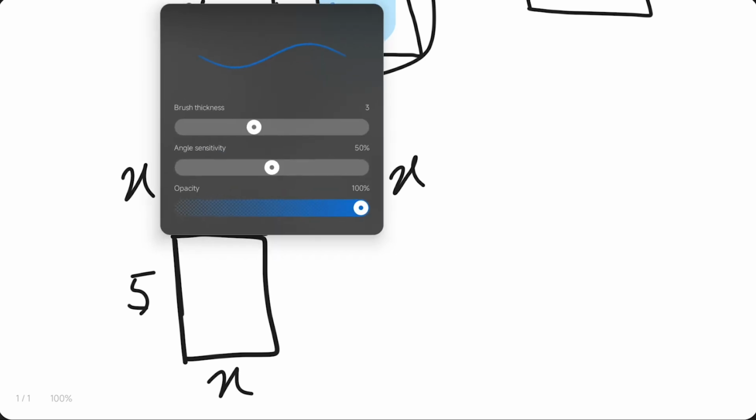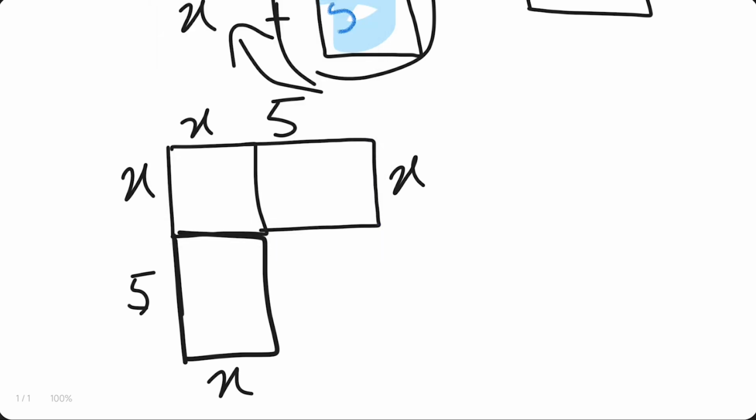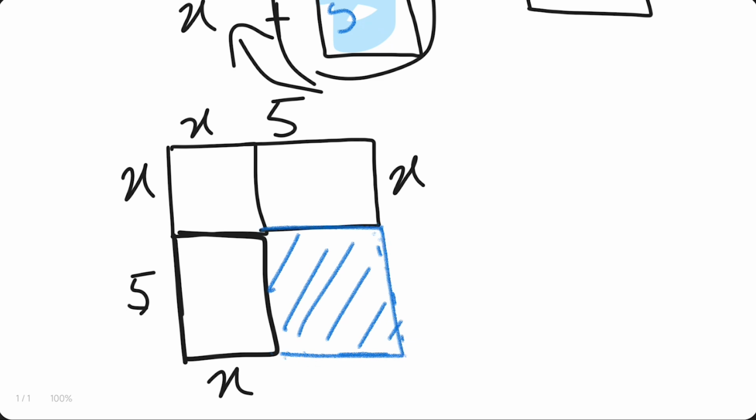Now if you notice, we have something missing, right? This area is missing. The area over here is what we call completing the square. So what is this area? This area is 5 by 5, so essentially it's 25.